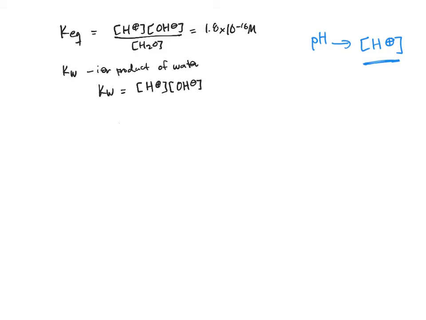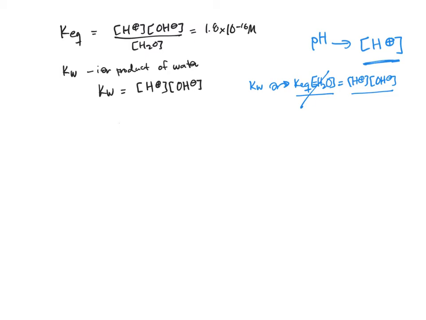I think you can see that Kw is related to Keq, because Keq times the concentration of water equals the concentration of hydrogen ions times the concentration of hydroxide ions. Okay? Keq times concentration of water equals the concentration of the products.